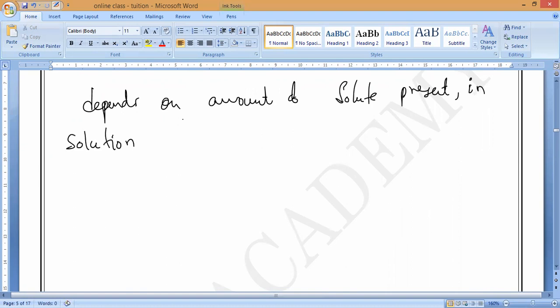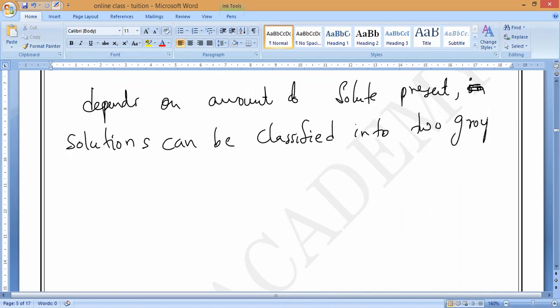How many categories are we making? We're making two categories. Solutions can be classified into how many groups? Two groups.